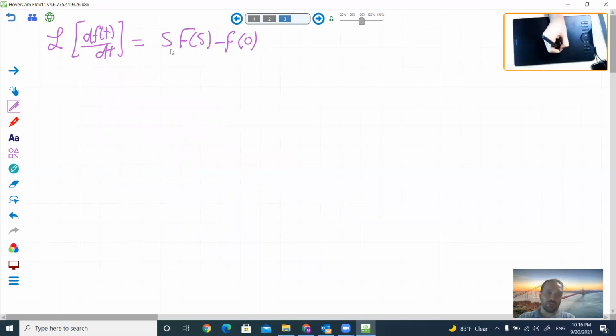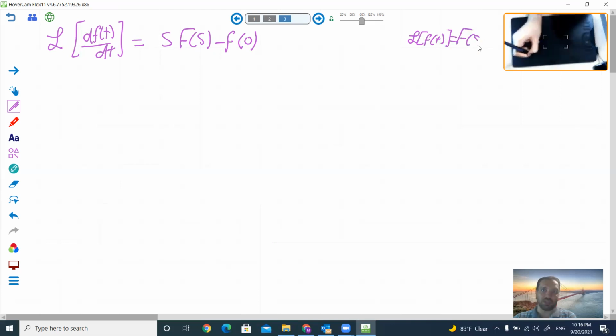Let's interpret this expression. So s is the frequency domain variable, times f of s. So f of s is what? This is the transformation of f of t. We know that the Laplace transform of f small of t equals f capital of s.